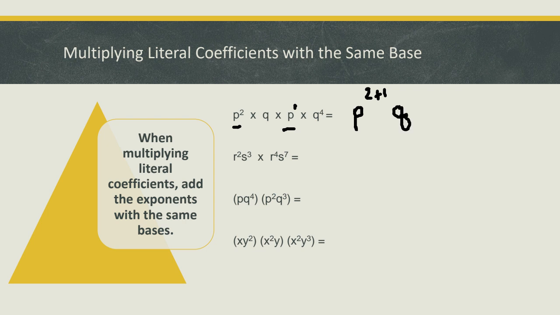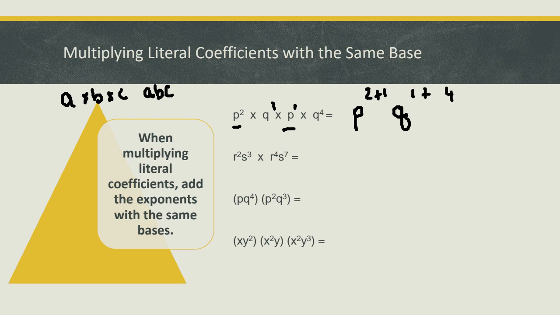Now notice how I'm not doing an addition sign in between here, because remember everything's being multiplied together. So just like in the previous slide where we had an A times a B times a C and we just rewrote it as ABC, it's the same thing here, except we're also going to have to account for those exponents. So I have a Q to the 1 here. So again, there's a 1 there, let's not forget about it, and then a 4 on the other one.